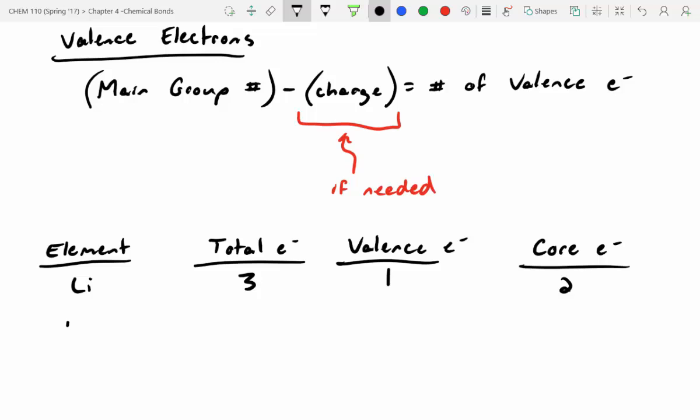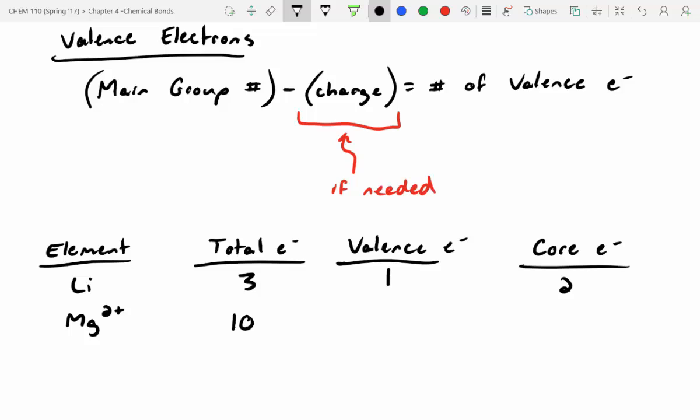Let's do magnesium 2+. How many total electrons does magnesium normally have? So let's ignore the 2+ right now and just say normally magnesium has how many? 12. Yeah, normally 12 in order to balance out the protons. However, in this case, if we have a 2+ charge, how many total electrons do we have? 10.